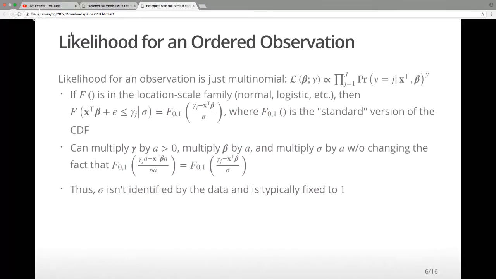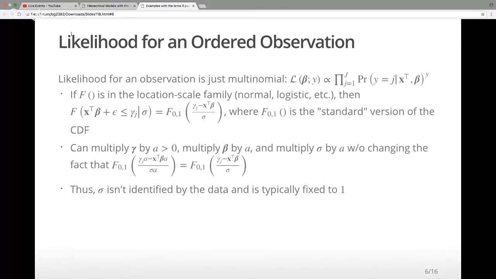So the likelihood for a single observation is, you can think of it as multinomial. Probably would have been better had I said categorical, because for each person we're only observing one realization of this process. But the likelihood function of the coefficients, the likelihood function also depends on the cut points, but I didn't explicitly write those here.